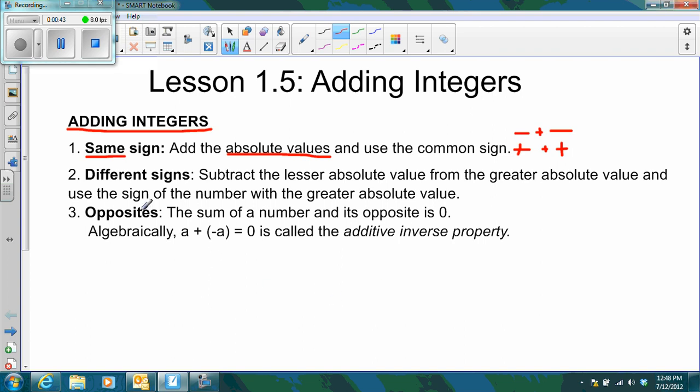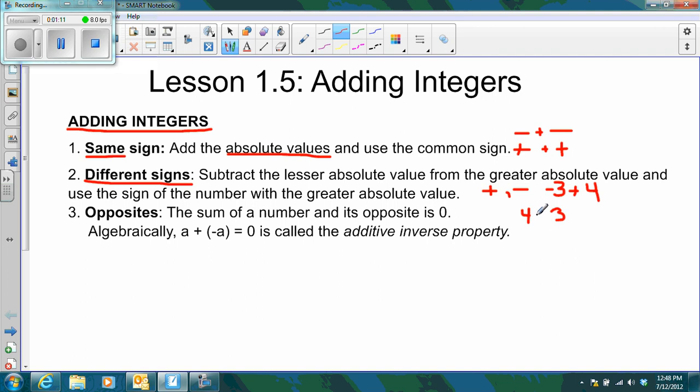The second is, what if they have different signs? So one of them is positive and one of them is negative. So for example, negative 3 plus 4. In this case, we're going to subtract the lesser absolute value, so the absolute value of negative 3, which is 3, from the absolute value of the greater value, which is the absolute value of 4, which is 4.